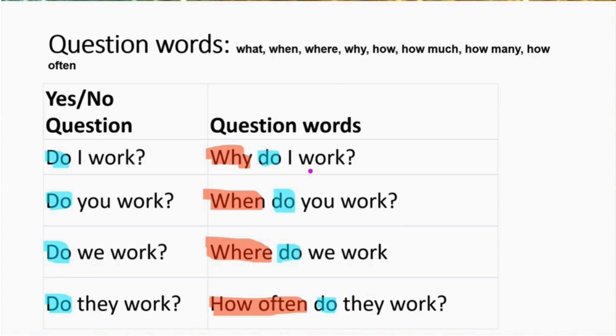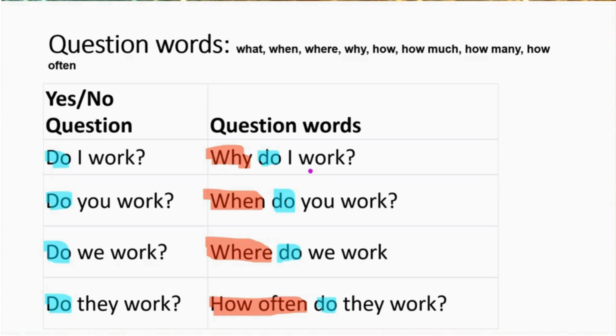So before do or does, you will add a question word. Why do I work? So I have to give a reason here. I have to give some kind of information. It's not simply yes or no question. When do you work? Where do you work? How often do you work?